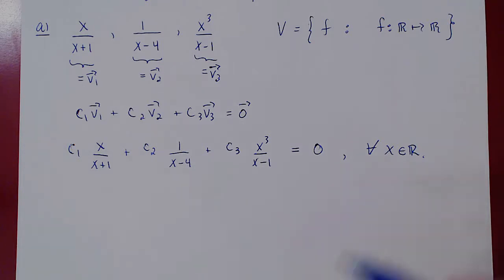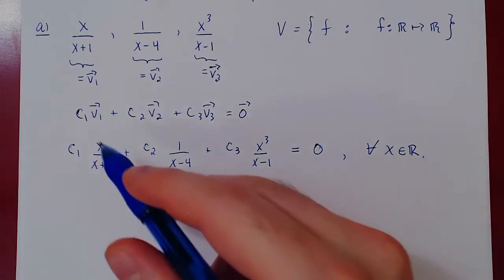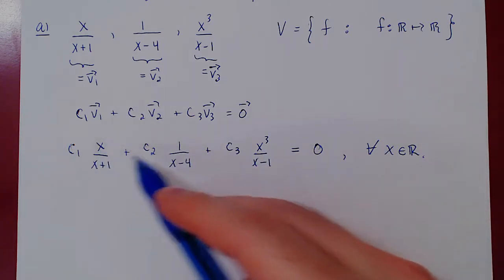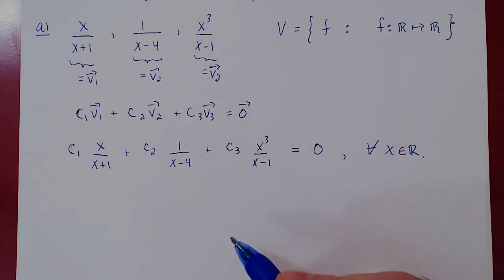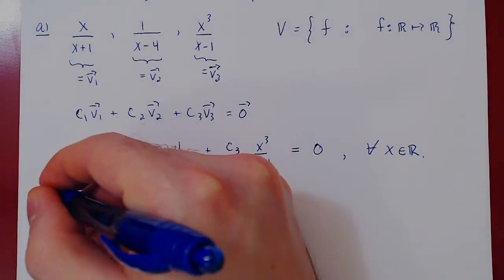The question is, how do we take advantage of the fact that no matter which value of x you take, this equation must always be equal to 0? Well, let's think about it this way. What if we let x, say, approach -1 in the linear combination?